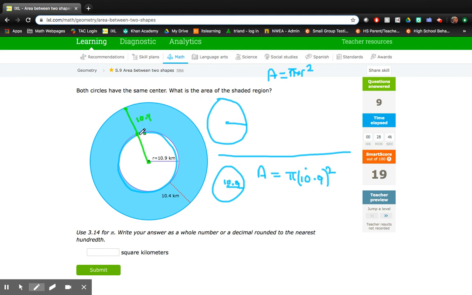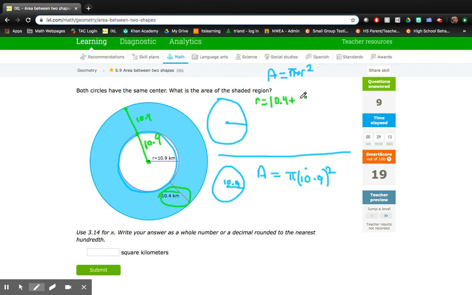And I know that from the edge of the circle to the center is just the radius of the small circle. It's 10.9. And the 10.4 came from this given value down here, in case you missed it when you glanced. So I can actually find the big radius of the big circle by just adding that given 10.4 to the small radius.